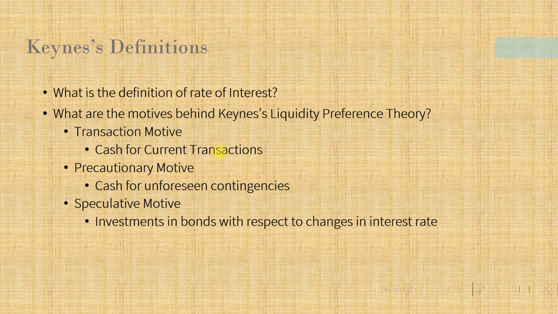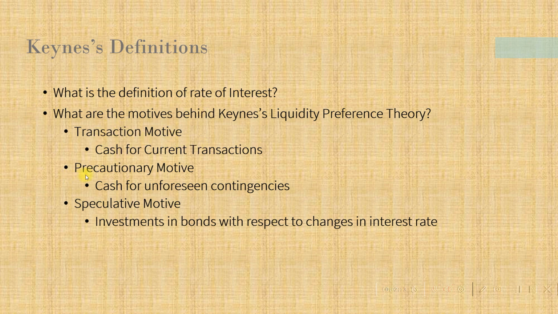Businessmen also have a similar demand for cash to meet current needs like payments for their workers' wages, transport expenses, payments for raw materials, etc. So it is in fact cash for current transactions. That is the transaction motive.